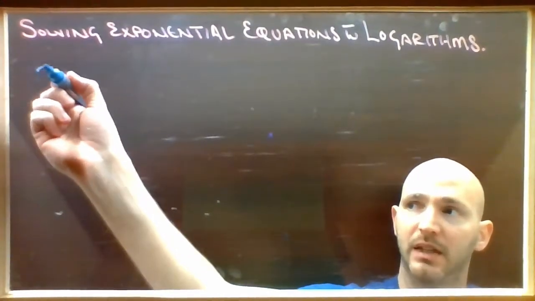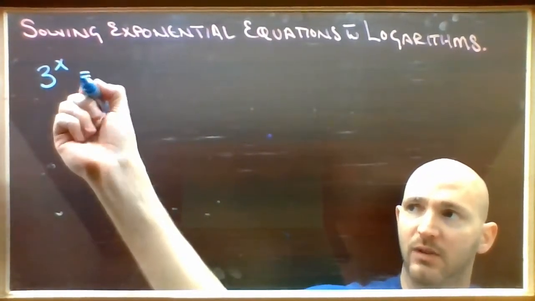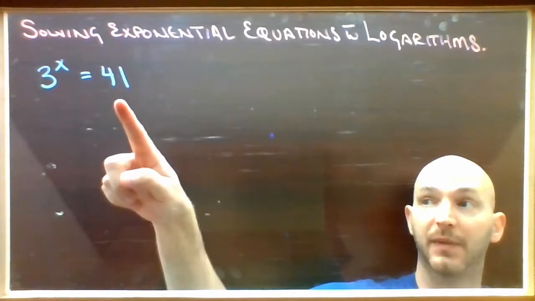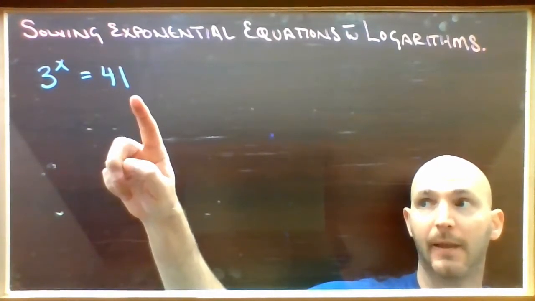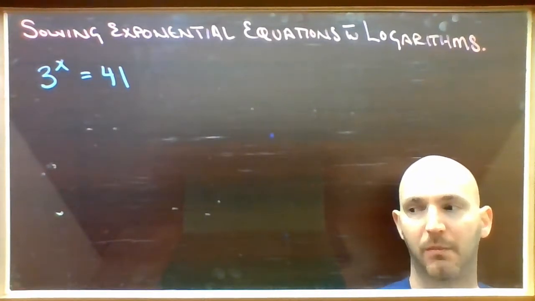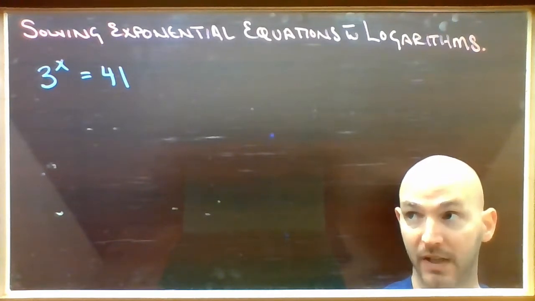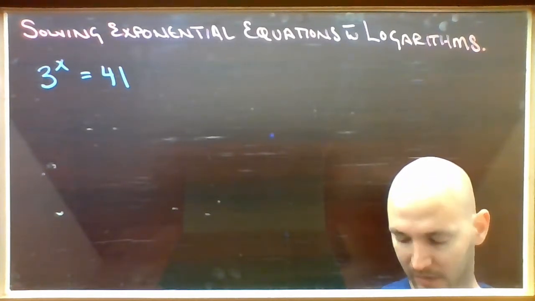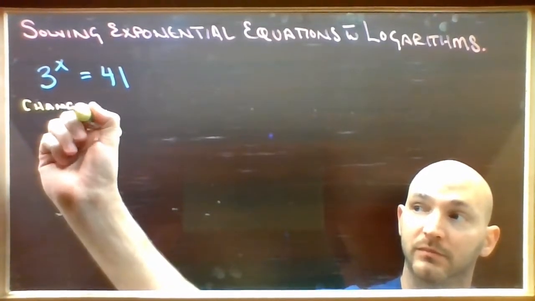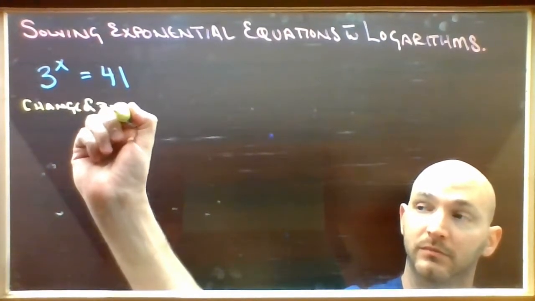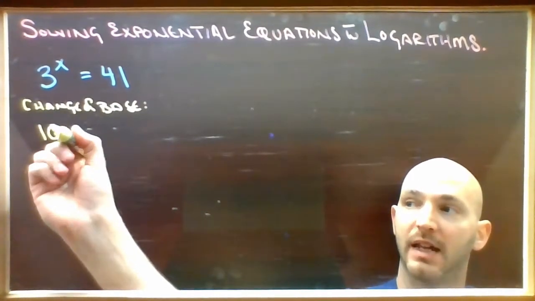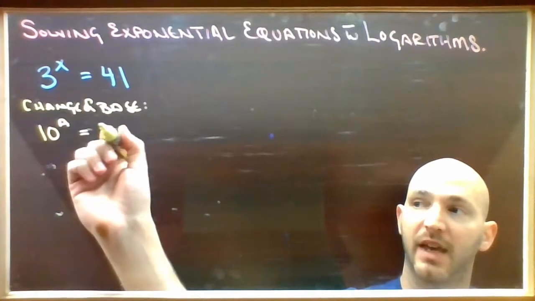Let's try 3 to the exponent x equals 41. Now this is not a power of 3, and neither of these are a power of 10, but I'm still going to be able to use my log base 10 button to solve this as long as I do a change of base. So I'm going to start with that, change of base. I want to know if I can write 10 to the exponent a equals 3.